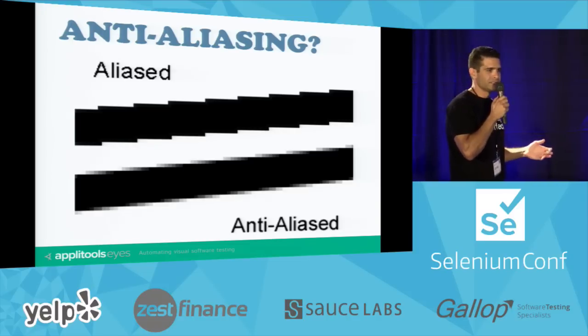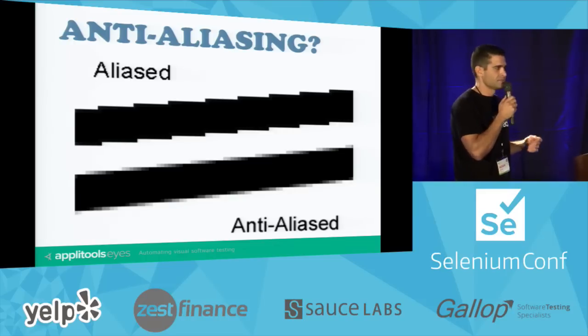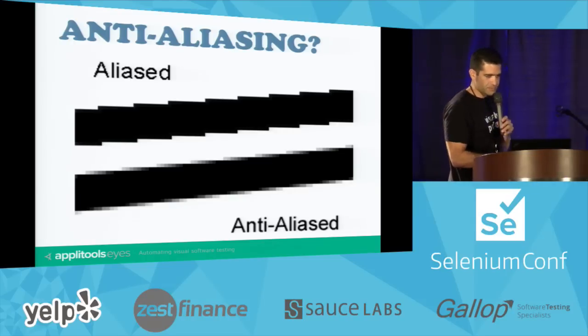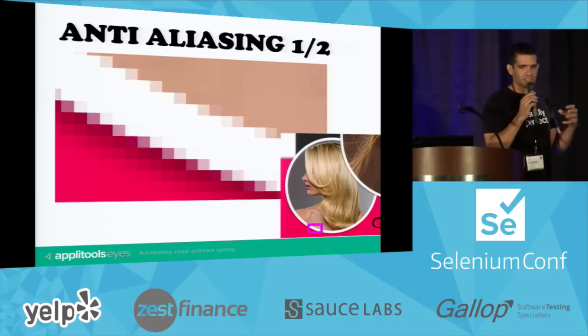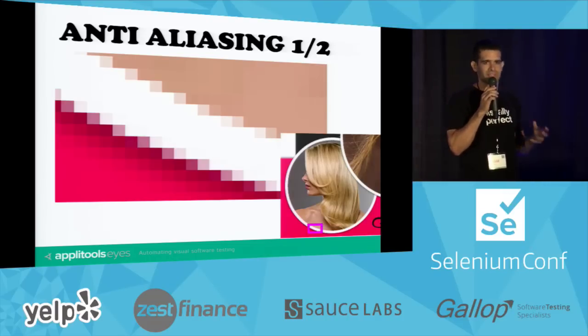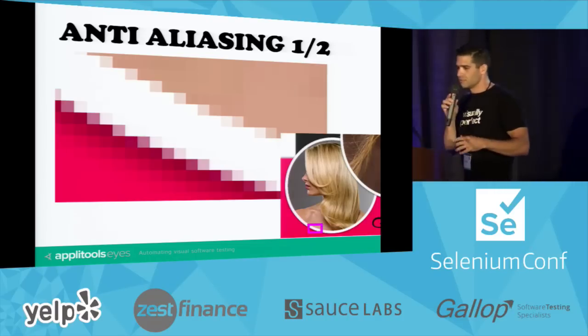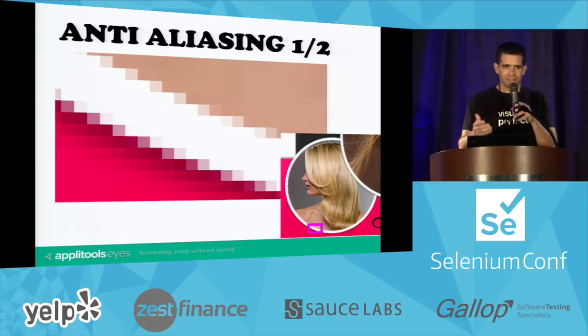And when that happens, those anti-aliasing pixels are different. Okay, so what happens is that the tool will pick it up, and unless the image matching engine is smart enough to detect the fact that these are anti-aliasing pixels that are invisible to a human, you will get false positives. So let's look how this looks in reality.